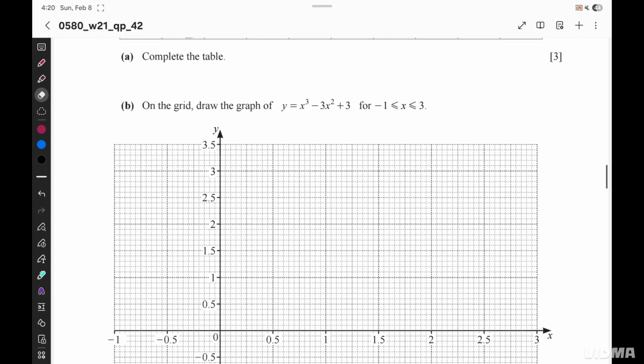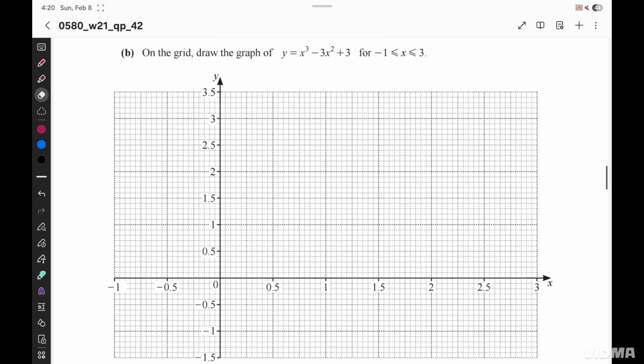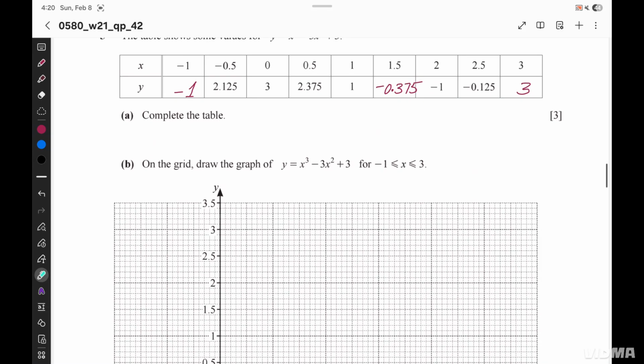Now in part number B, what you have to do, you have to draw the graph for a cubic function from -1 till 3 for x-axis. So we have the table in front of us. You just need to plot the points. So let's plot the points.